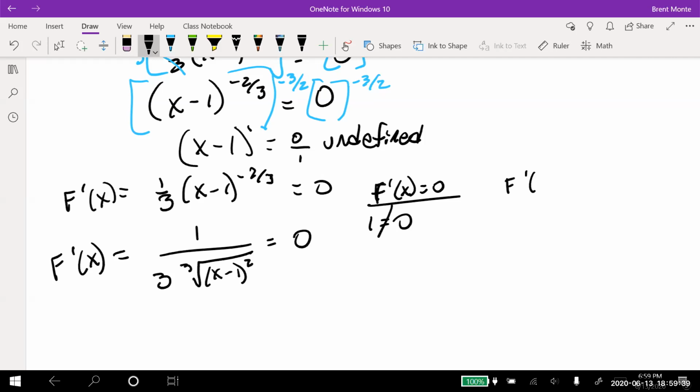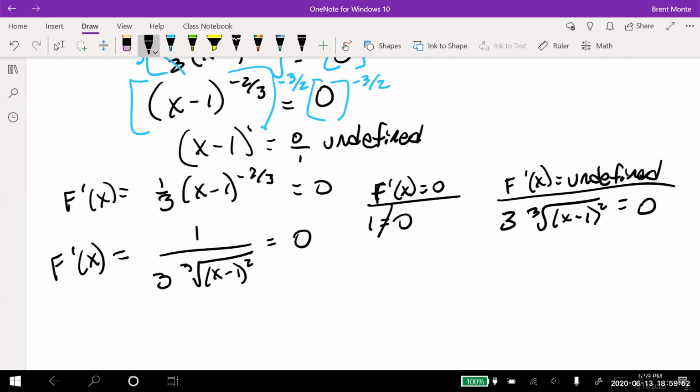When f prime of x is undefined, that's when the bottom is 0. And so if I say this 3 times the cubed root of x minus 1 squared equals 0, now I do what I did before. In this case, I'd divide by 3, then I'd cube it, then I'd take the square root, and eventually I get down to x minus 1 equals 0.